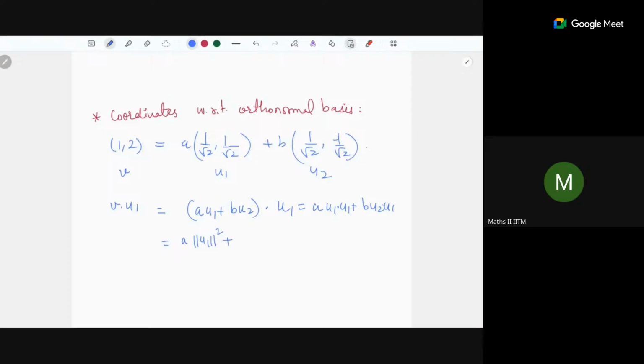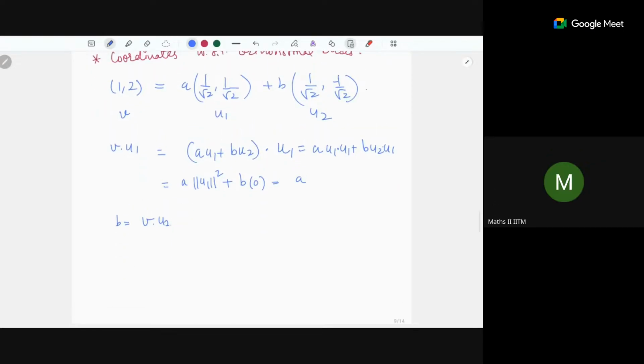U2 dot U1 is 0 because U1 and U2 are orthogonal to each other. So we get a times the magnitude of U1 squared. Because it is an orthonormal basis, the magnitude of U1 is 1, so it is just a. So a is V dot U1, and similarly b is V dot U2.